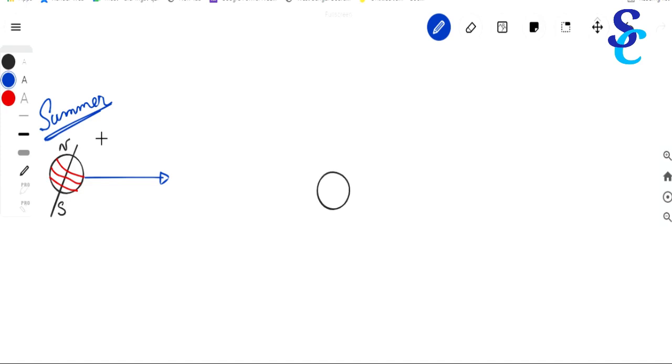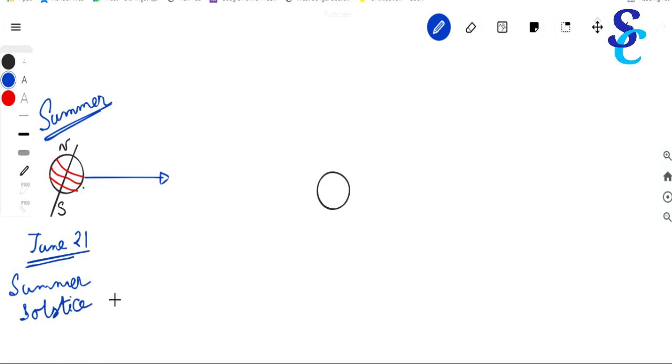So as we have seen, the northern hemisphere will have the complete summer season over here, and in this position on June 21, you will have a solstice which is called the summer solstice.